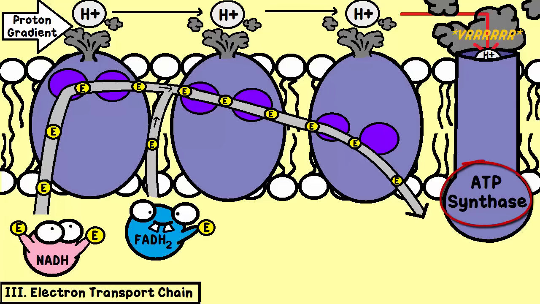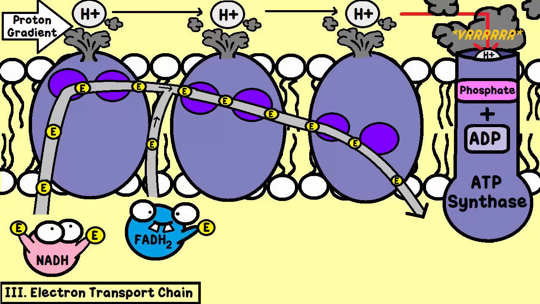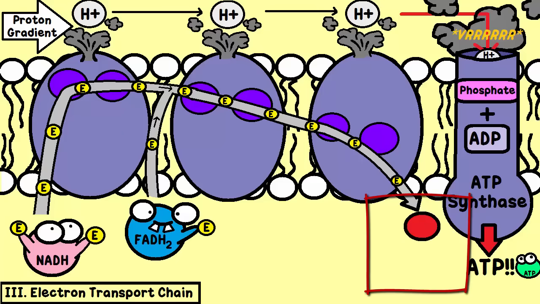Really, if I could be any enzyme, I'd be ATP synthase, because this enzyme takes phosphates and adds them to ADP. And if you add one phosphate to ADP, you make ATP. So that's what ATP synthase does. It makes ATP, and it makes the ATP by adding those phosphates. Now, oxygen, it's the final acceptor of these electrons, and when you have an oxygen molecule combining with two protons, you get H2O, which is water. So water is a product as well.